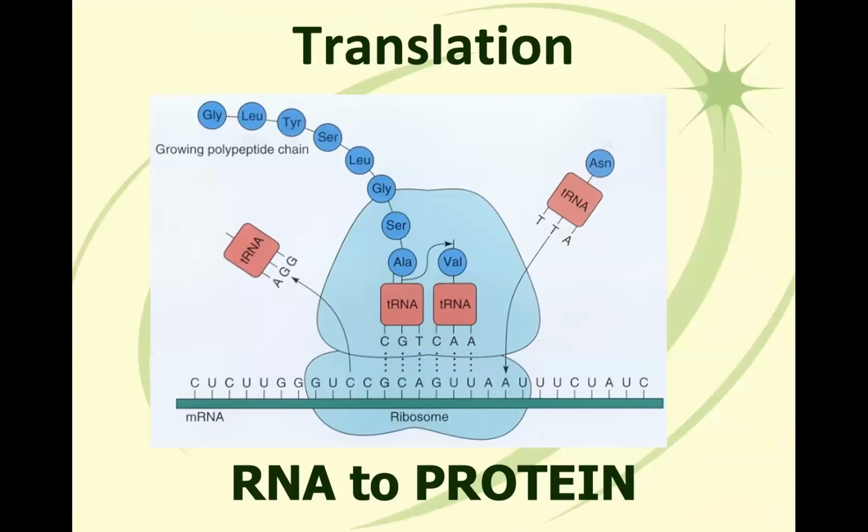The last piece of that puzzle is that the messenger RNA now has to be translated. The second part of protein synthesis is translation. Translation is when we convert that messenger RNA into an actual protein, this polypeptide chain. Transfer RNAs are going to bring in the corresponding amino acid based on the triplet codon we're reading.